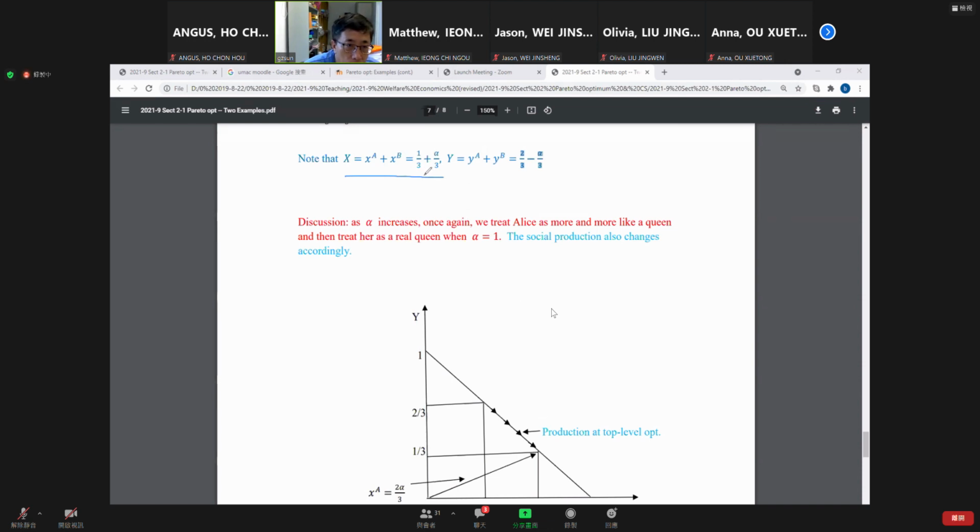X equals 1/3 plus 1/3 times alpha. So when alpha increases, X increases. When alpha equals 0, X equals 1/3 here.